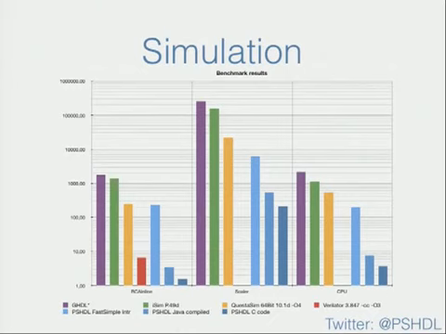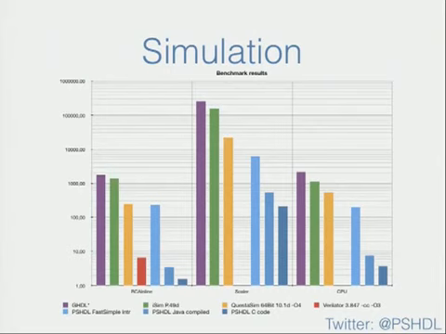But if you look at the blue bars, that is PSHDL. So PSHDL in the interpreted mode, which is the light blue one, is about the same speed as the yellow bar, as QuestaSim. But if you are generating Java code or C code, it gets really, really, really fast.